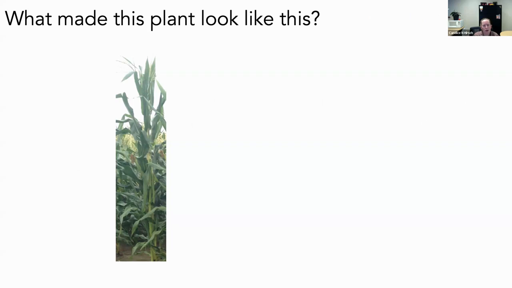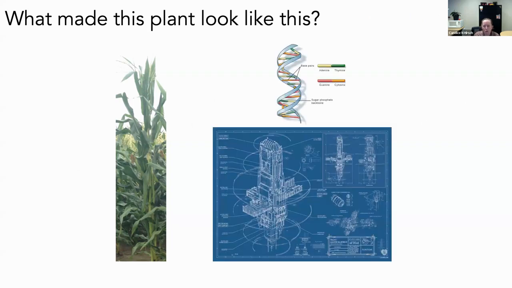And so when we are thinking about what makes this plant look like this or yield this, we first start with the DNA. And that's because this is really the blueprint of what makes the plant that we see in front of us. There's a lot of things that happen in terms of how that DNA interacts with the environment, but that DNA starts as the blueprint of what the plant is going to look like.